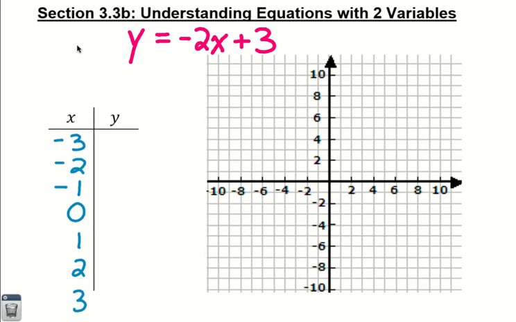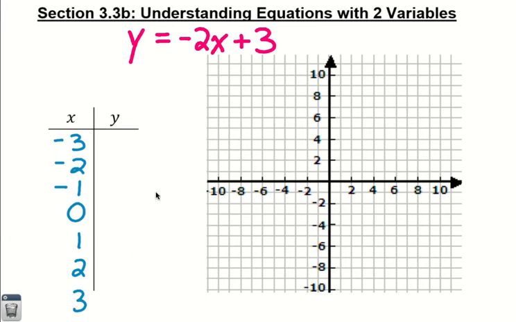What we're going to look at here is how we could make a table of xy pairings that would correlate with this equation. And also we're going to make a graph directly from this table.